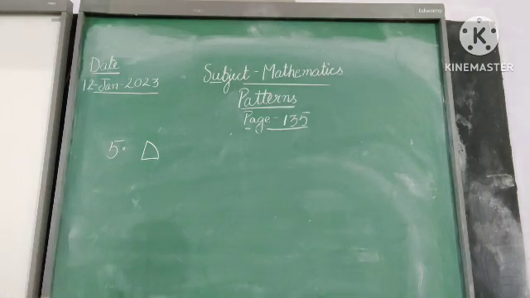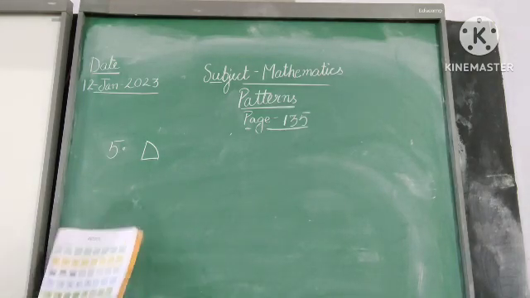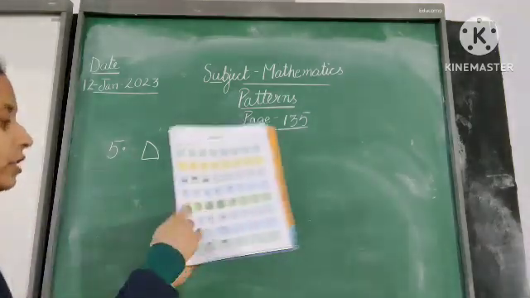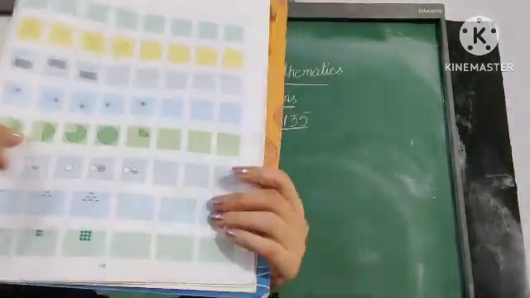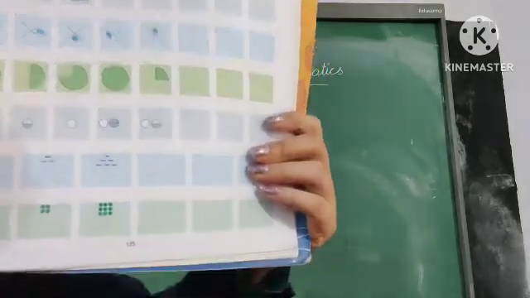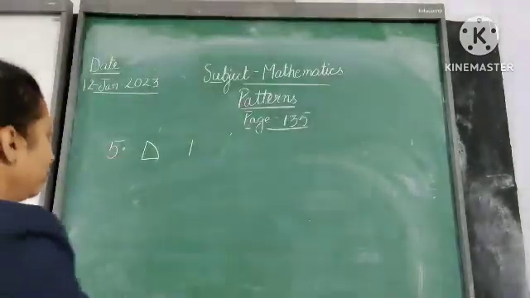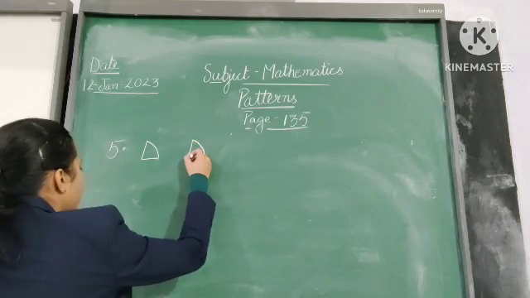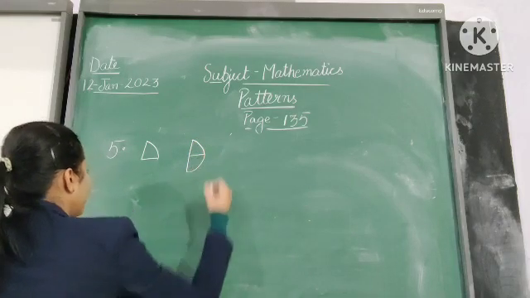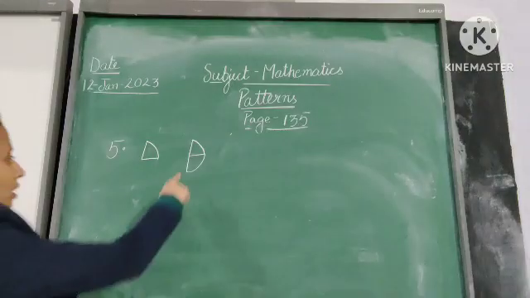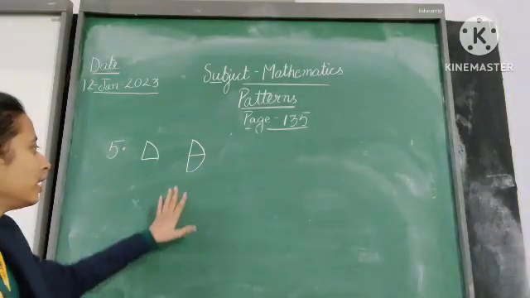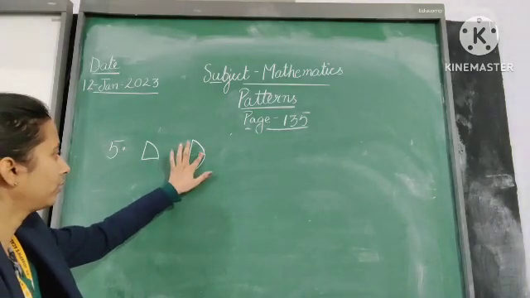In the first box, they have given only one slice. Then they added another part to it, and now we have a half circle, which is also known as a semicircle.